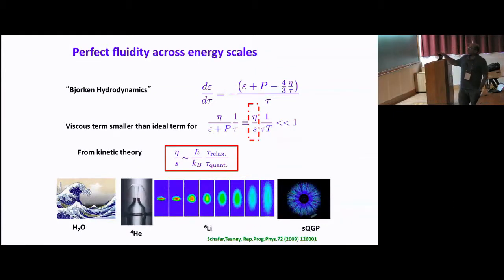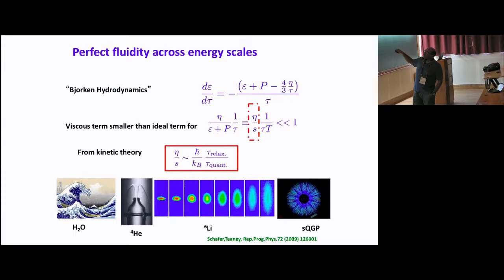You can just see from this 1+1 dimension example that this term is much smaller than this term. So you take the ratio of the two, and it's much less than 1. And you see right away that this is much smaller than 1 if eta divided by E plus P, which can be written by the first law of thermodynamics as the entropy density times the temperature, is very small.